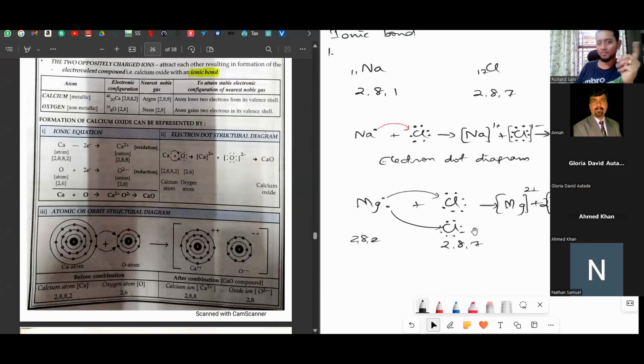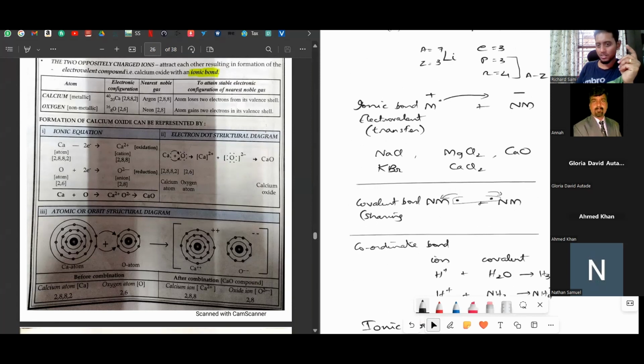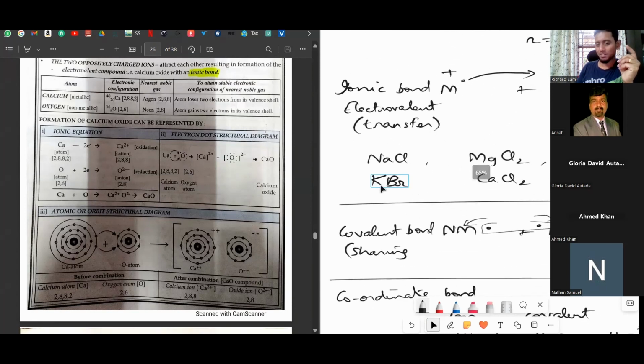There are a few more, like KBr. We can just see KBr orally. Potassium: what is the valency? How many electrons in the outermost orbit? Potassium is 19, so 2, 8, 8, 1. It wants to donate 1 electron.